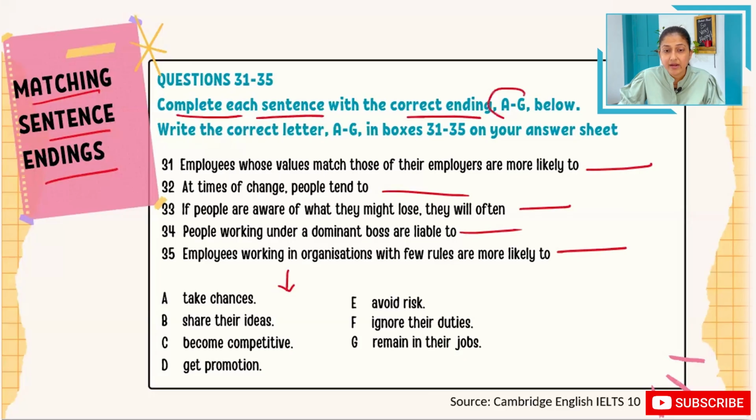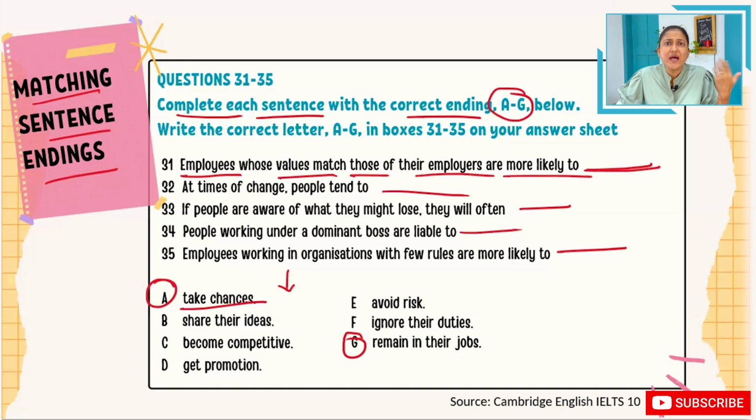The endings are A to G. From A till G, the endings are given. When I read the question, it says employees whose values match those of their employers are more likely to. And for example, the answer is take chances. So what will I do? Are more likely to dash. So I will write my answer as take chances.